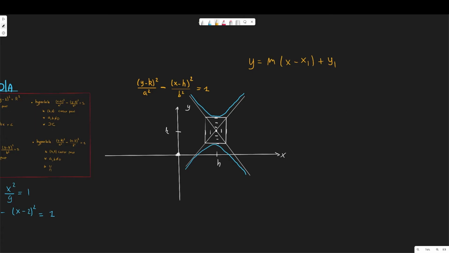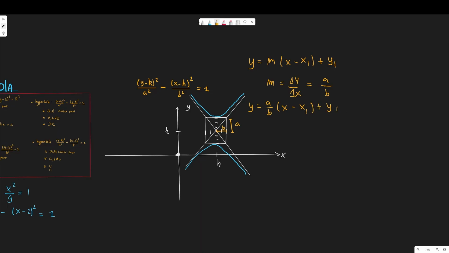So our slope is equal to the change in y over the change in x, and we know that this right here is equal to b, and this length is equal to a. So the change in y will this time be a, and the change in x will this time be b. So our equation becomes y is equal to a over b times x minus x1 plus y1.